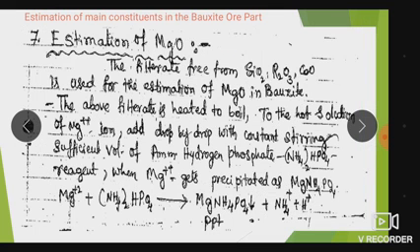Next one is the estimation of MgO. The filtrate free from SiO2, R2O3 and calcium oxide is used for the estimation of MgO in bauxite.